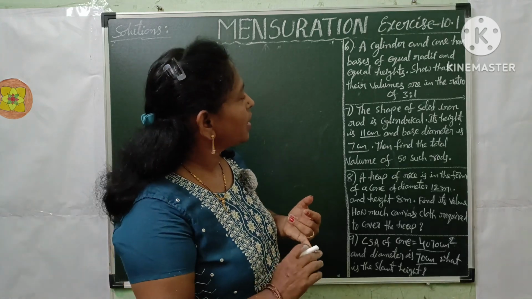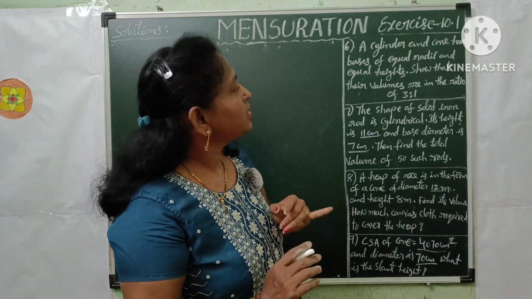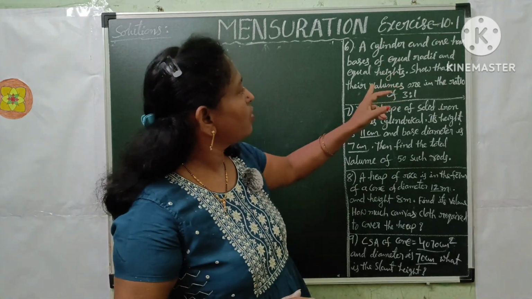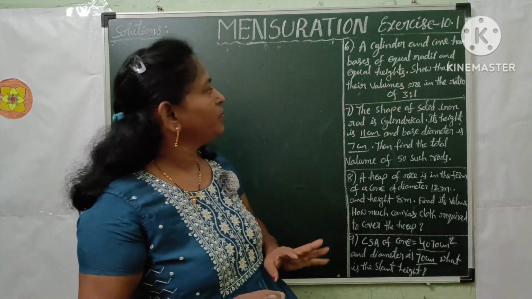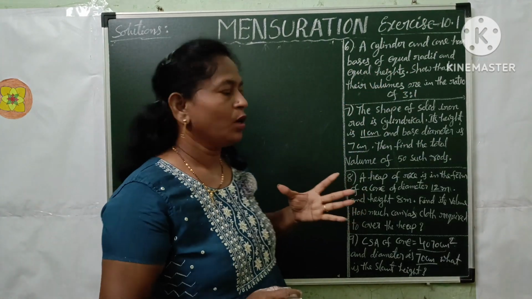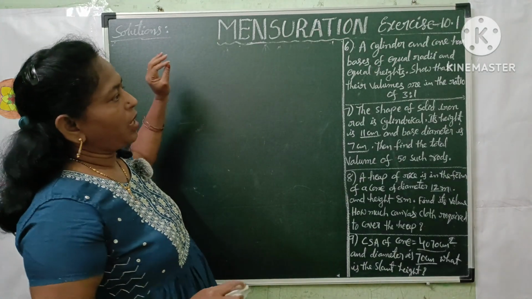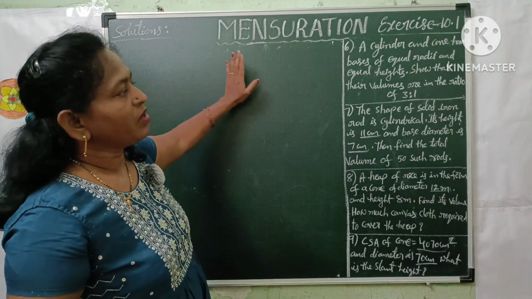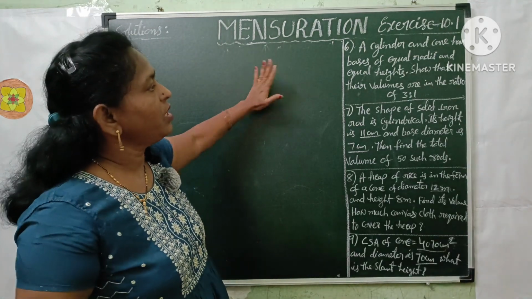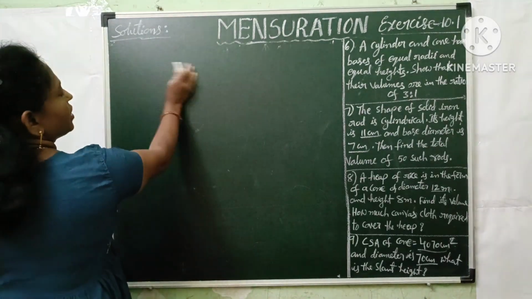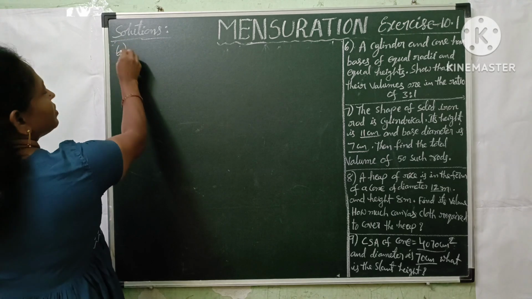It is a clear question: the cylinder and the cone have the same base radius and the same heights. So the height of the cylinder equals the height of the cone, and the radius of the cylinder equals the radius of the cone.